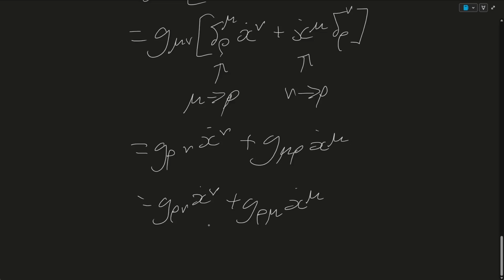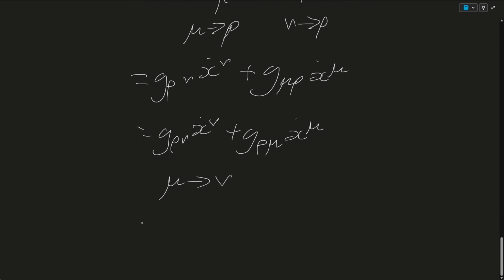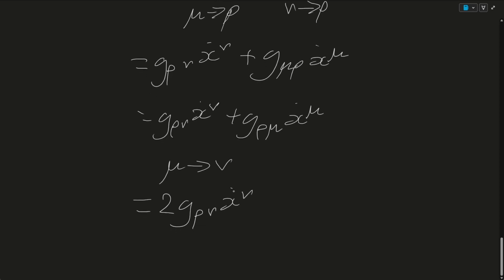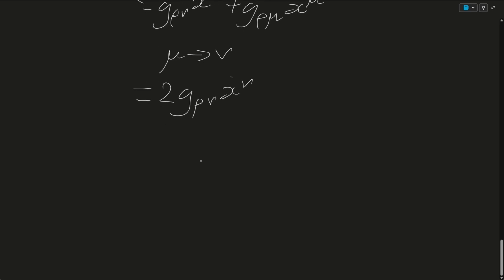Now that's useful because we can just change mu to nu because it's just a dummy. It doesn't matter. It's 2g sub rho nu x dot to the nu. Okay, and I understand that that could be mu as well, but it's more useful.